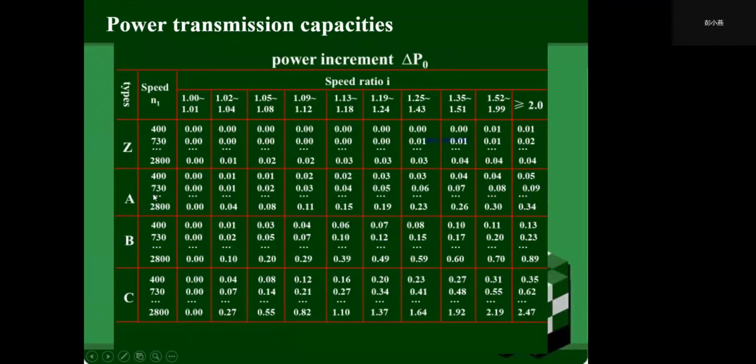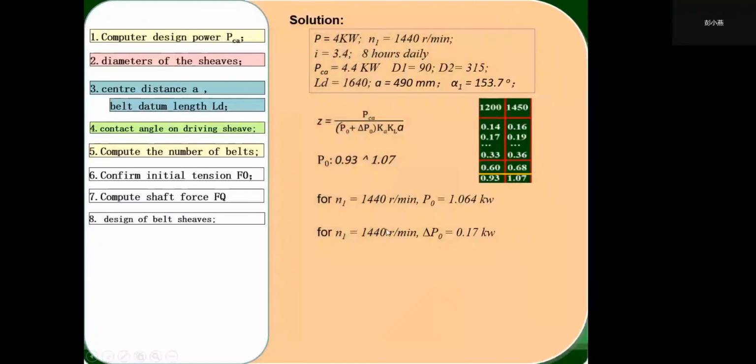And there is no value for N1 of 1,440, and we also can calculate the delta P0 by interpolation, and the value is 0.17.